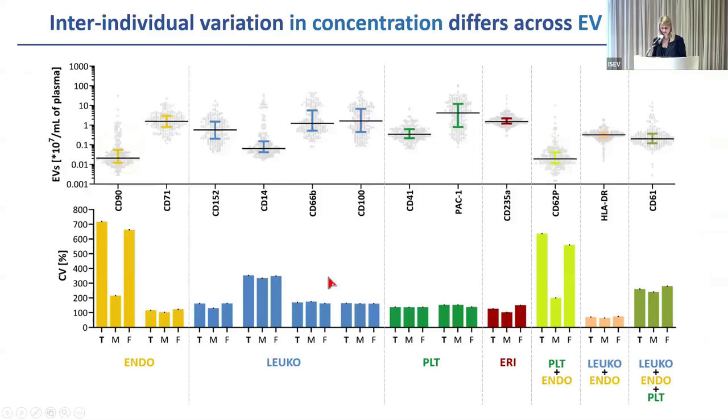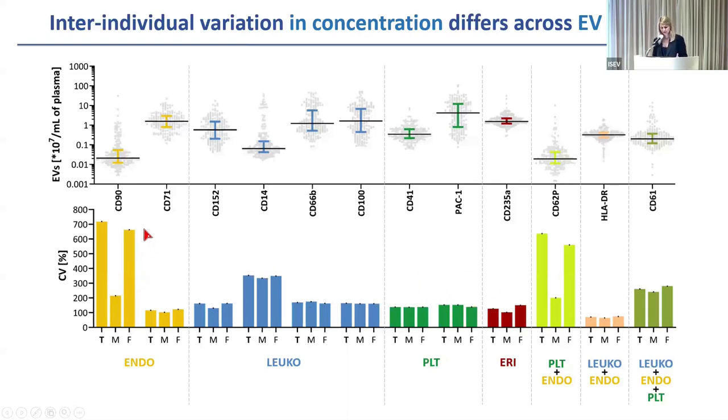But if you look at the data, some of them were up to 700% in CV, and others were, of course, much lower, around 70%. So there's a huge variability in concentrations of these specific EV subsets.